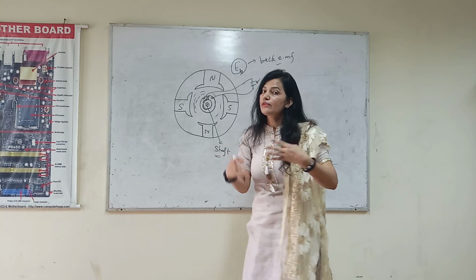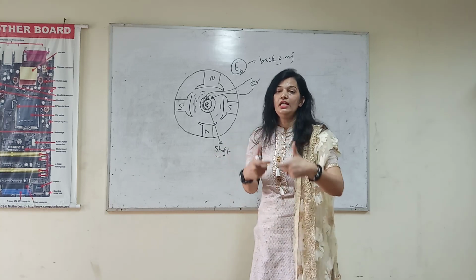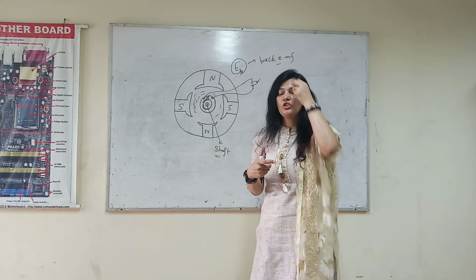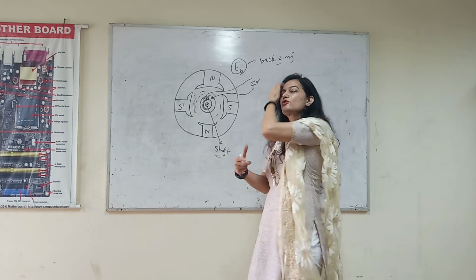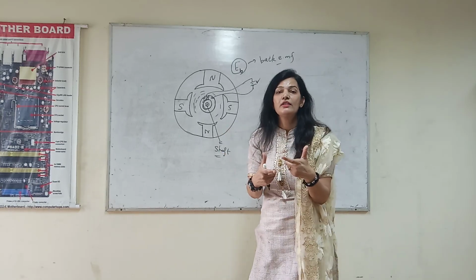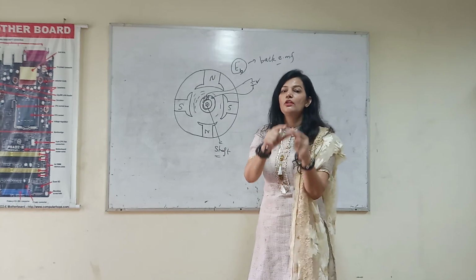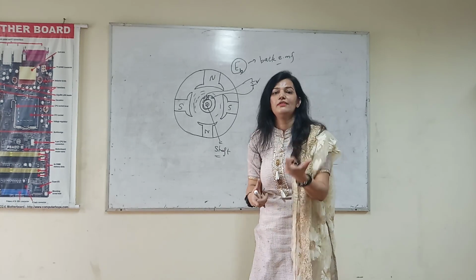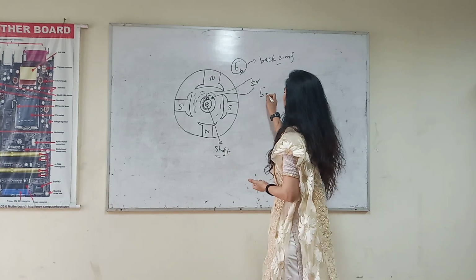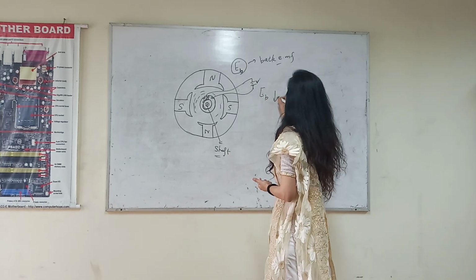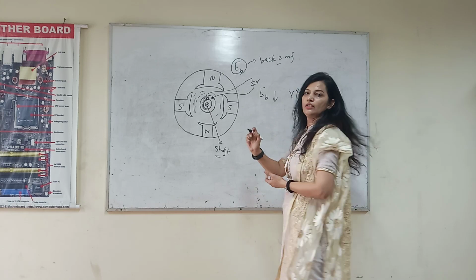And how did current flow? When we provide electrical supply to the armature winding. So what is exactly the cause? In the first step, the cause is voltage. Definitely the cause is voltage. So EB will be in the opposite direction to that of V.